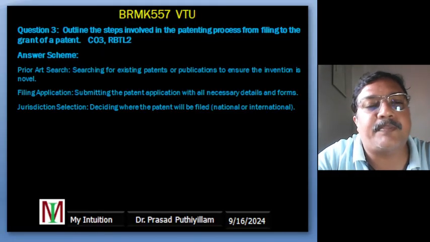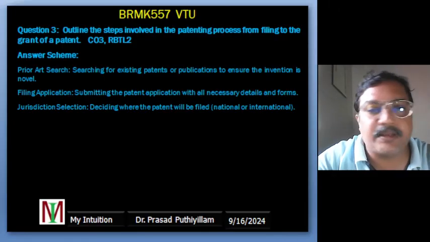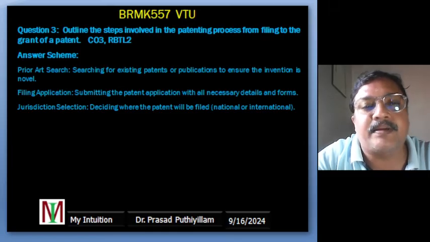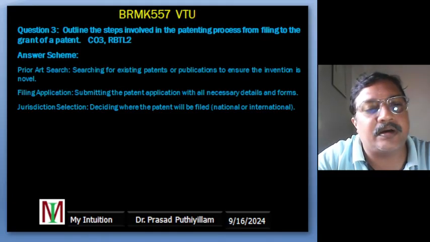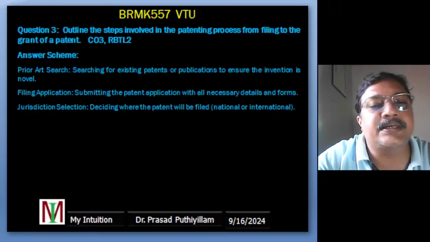We can apply for a patent in just our home country or even in other countries also. If you are an inventor in India and want your invention to be protected in both India and the United States, you need to choose those two places when you apply for the patent. This is called jurisdiction selection.